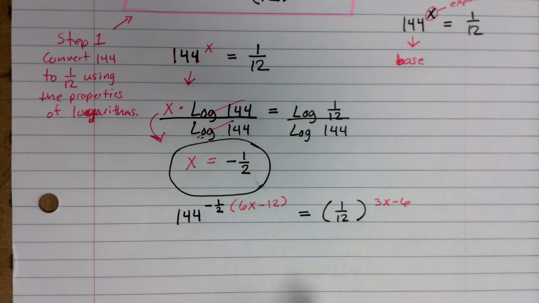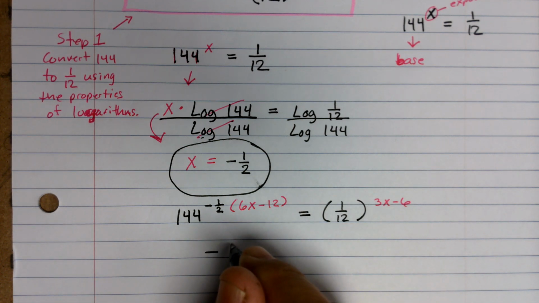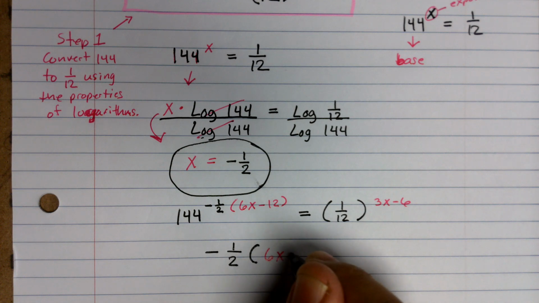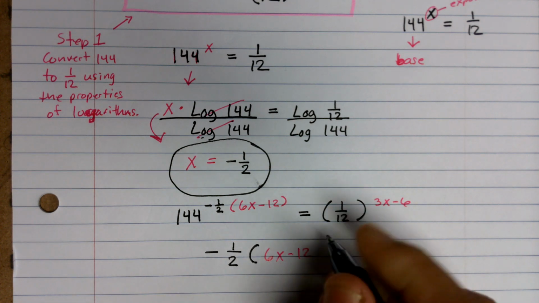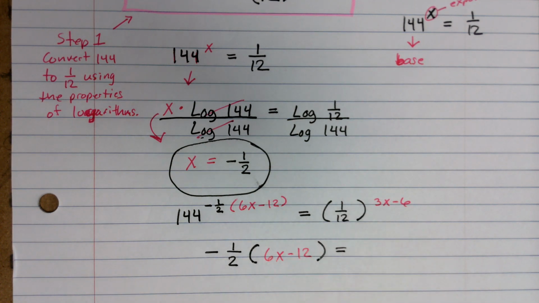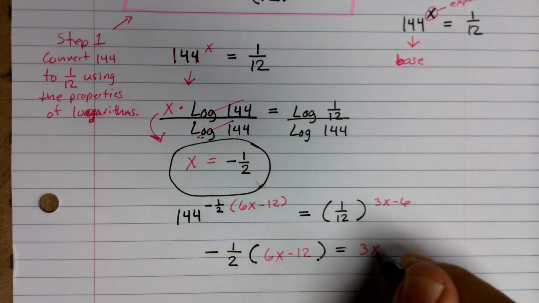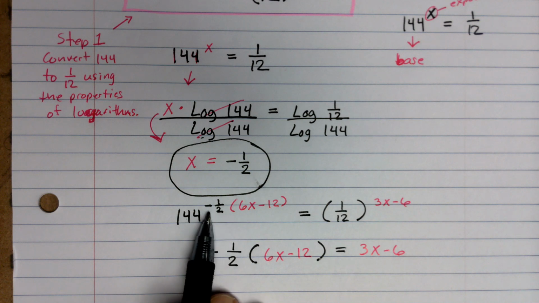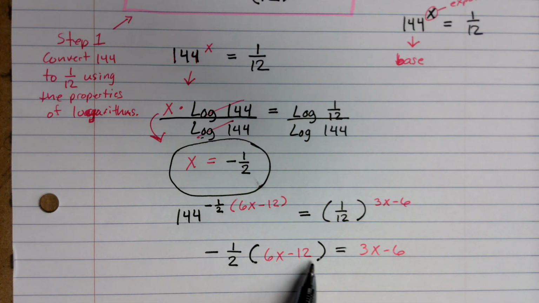So we have the same base now, and so I'm going to rewrite this as simply negative 1/2 times 6x minus 12 is equal to 3x minus 6. Notice at this point, now that I've made them equivalent, I just take what the exponents are and write them down and set them equal to each other.